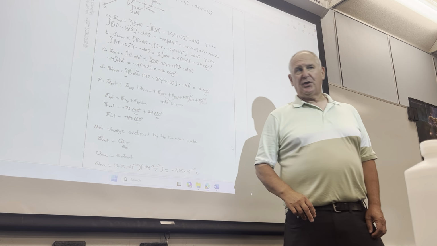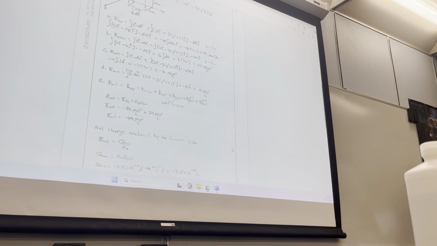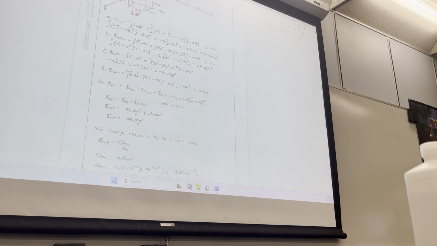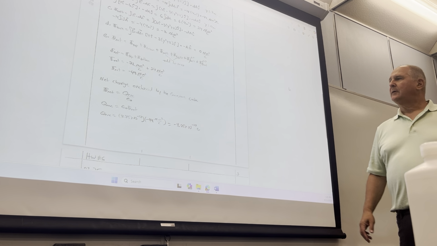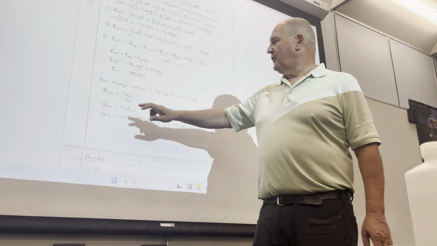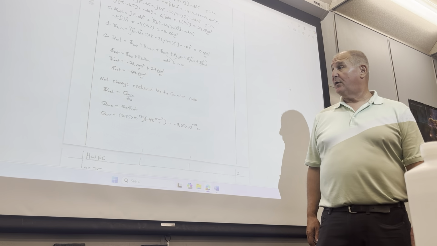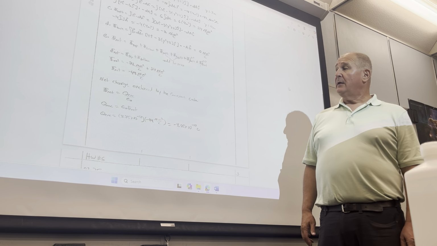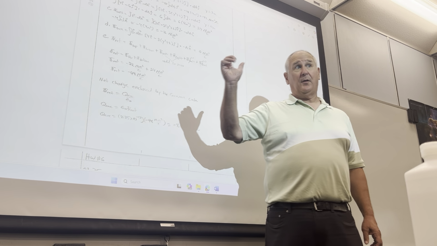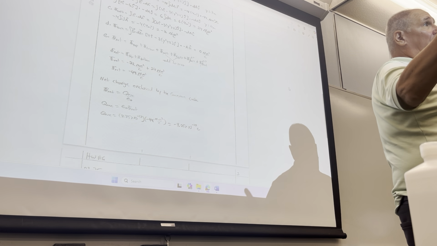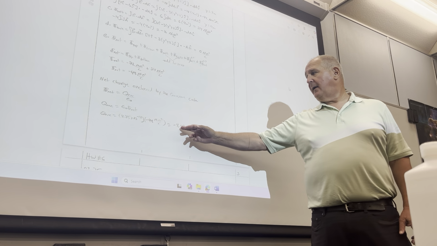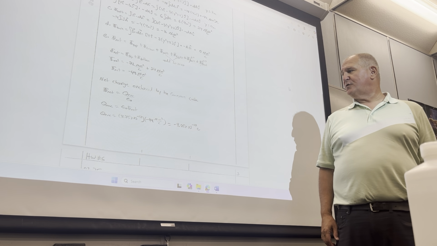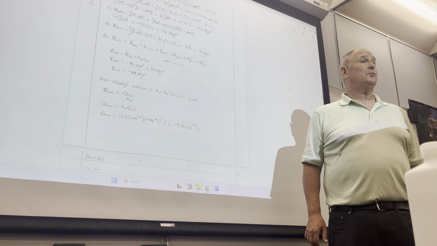The net charge enclosed is going to be our net flux equal to our Q enclosed divided by epsilon naught. So you basically just take our epsilon naught times our flux, and that gives us our charge, and that's minus 4.25 times 10 to the minus 10 coulombs.